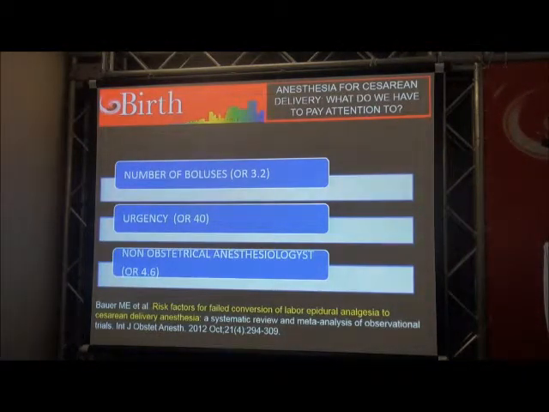There are known risk factors for failed conversion of labor epidural analgesia to cesarean delivery anesthesia. One is the number of top-ups: the odds ratio is 3.2 as the number of top-ups increases. With urgency, the odds ratio increases by 40 if you have to convert from epidural for delivery to cesarean anesthesia.